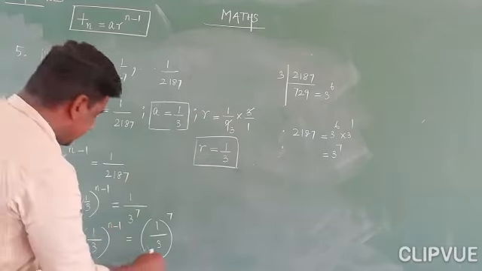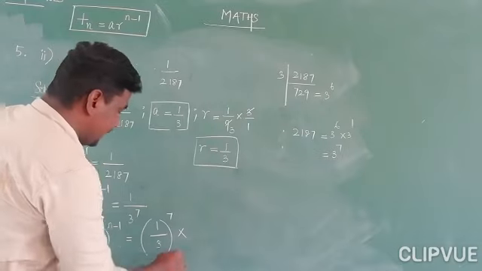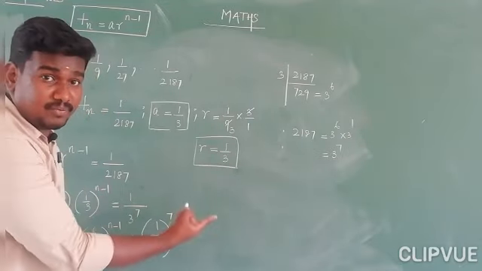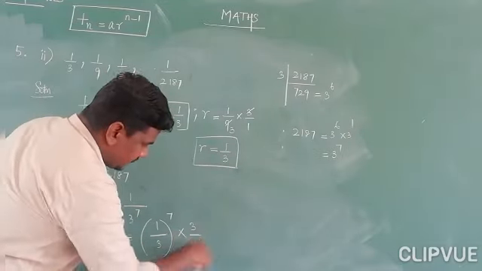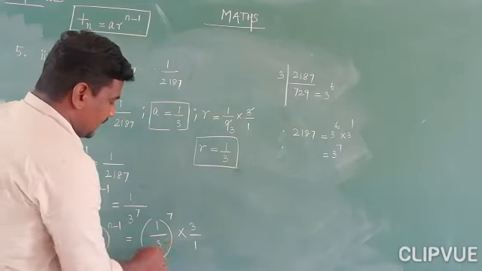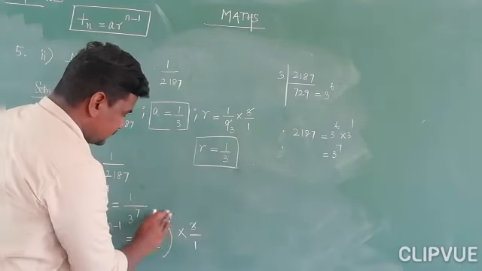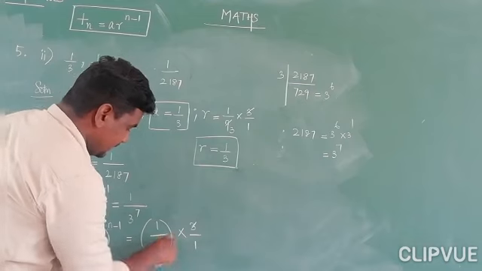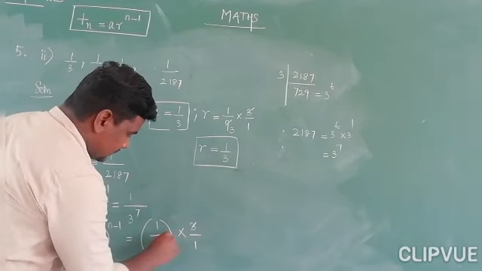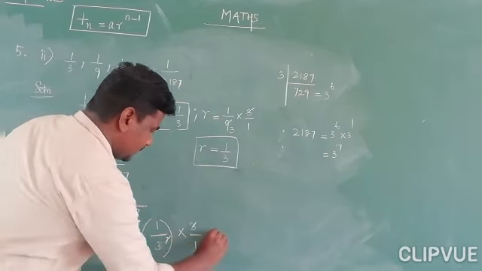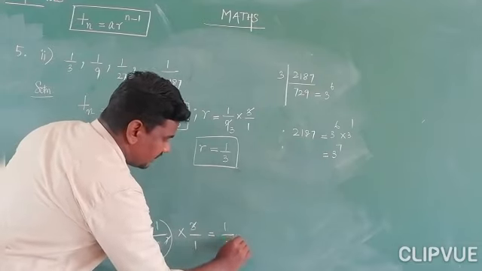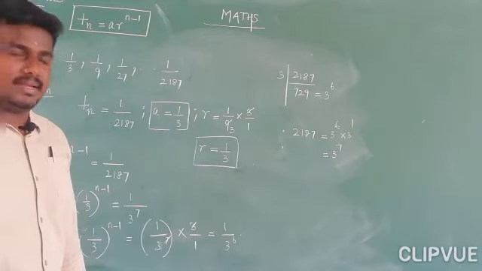If you bring it to the right hand side, it becomes divide. So what do we get? The reciprocal of 1 by 3 is 3 by 1. If you cancel this and this, one time cancels, so we get 1 by 3 power 6.